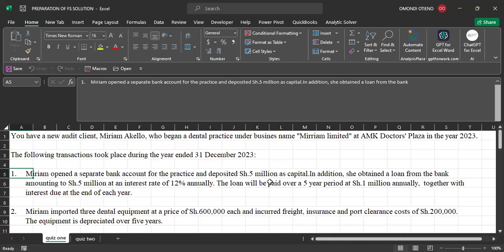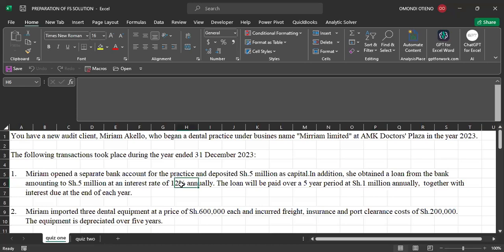The loan will be paid over a 5-year period at shillings 1 million annually, together with interest due at the end of each year. So this 1 million is the principal amount, not the interest. And interest here is 12% annually.